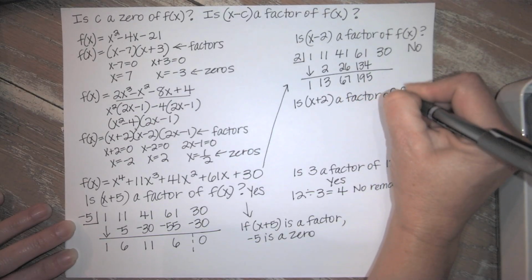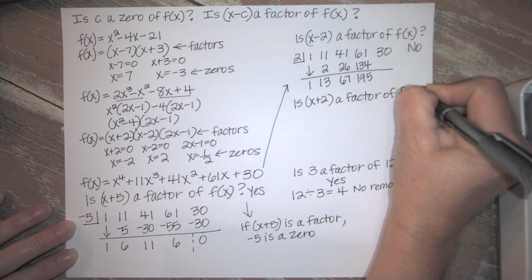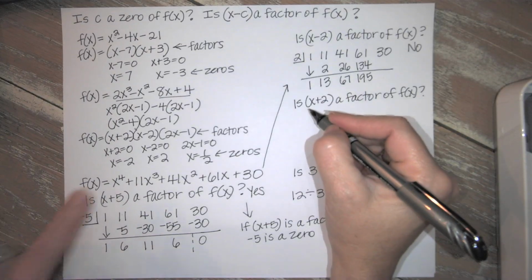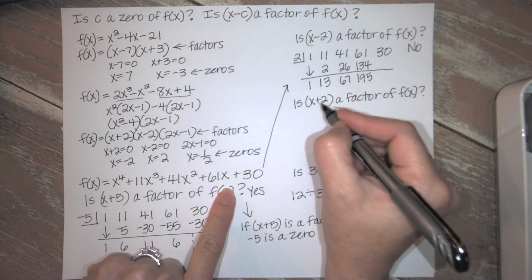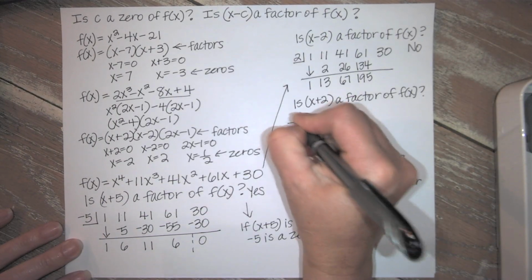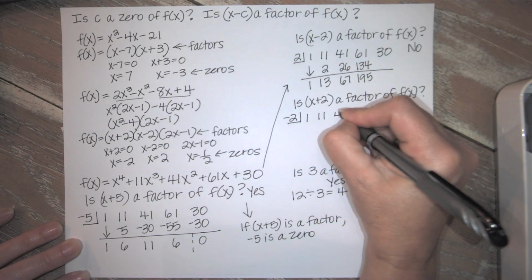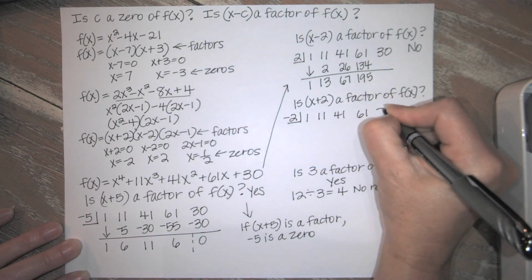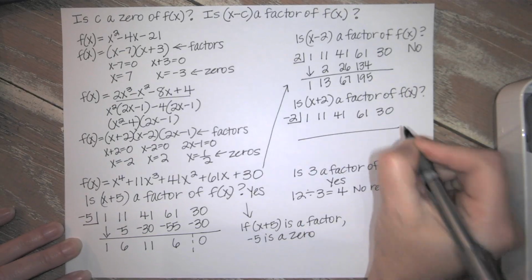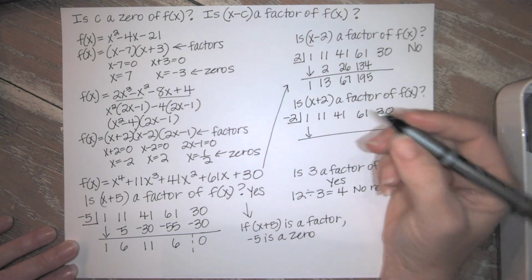All right, let's check and see using synthetic division. So if we're going to divide this polynomial by x plus 2, then I'm going to put negative 2 in the box. I'm going to bring my coefficients over here and start synthetic division again.